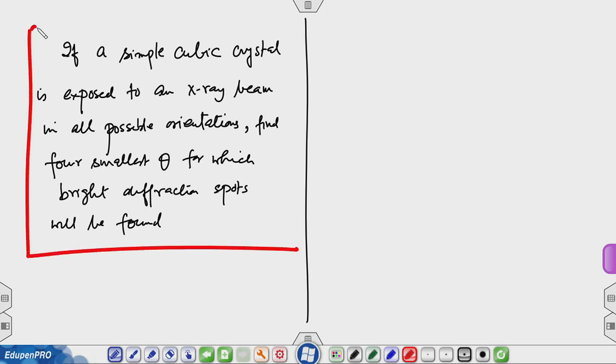If you try this problem, try to imagine what all is happening. This will put you on the path of how do we use X-ray diffraction and the X-ray diffraction pattern to find crystal structure.